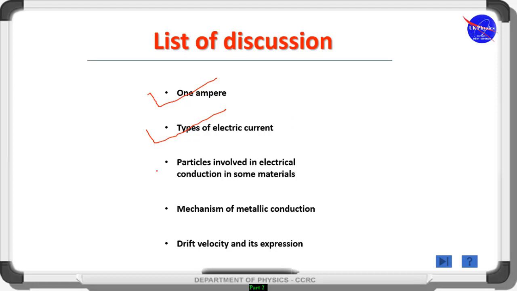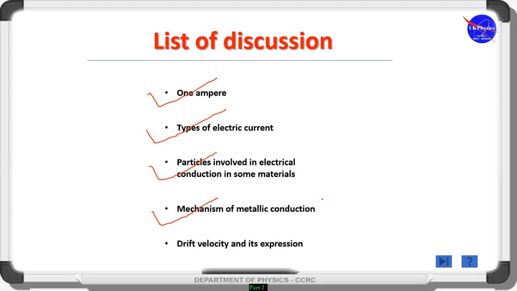And then we discuss the particles involved in electrical conduction in some materials and the mechanism of metallic conduction, how a metal can conduct electricity, what is the mechanism of electrical conduction inside the metal.